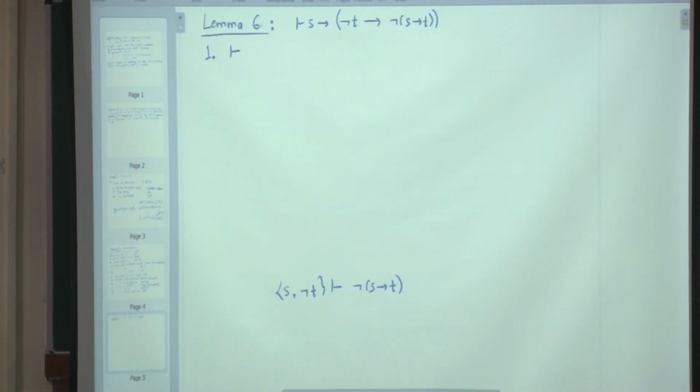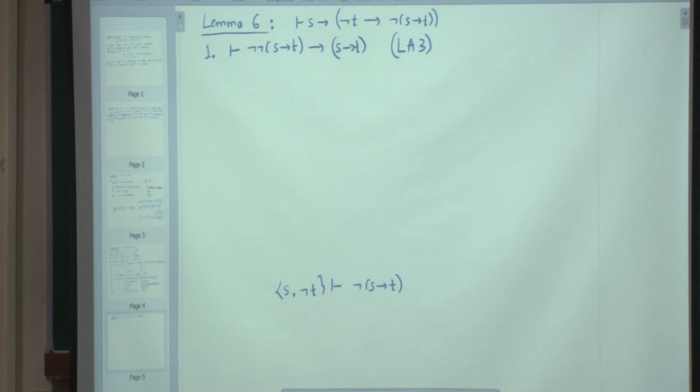What is LA3? Double negation elimination. Okay, what is the second step? DT. I am using DT twice.